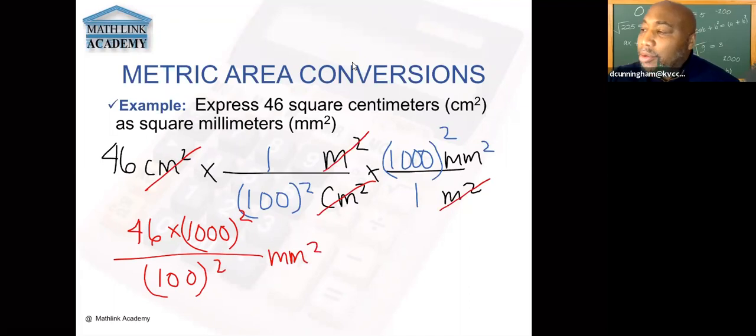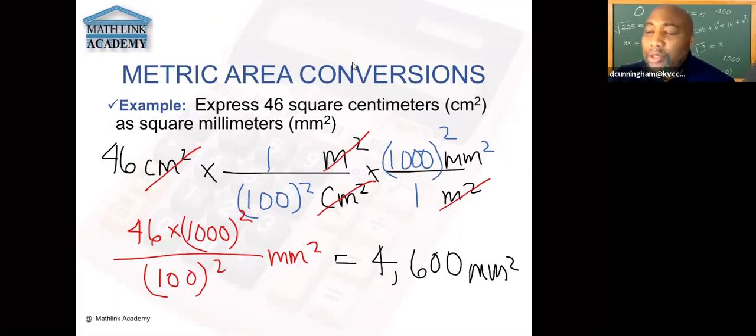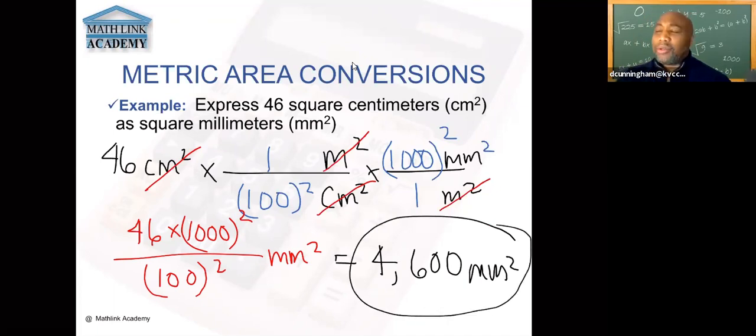If I do my math correctly, and you can do this on a calculator, this should give me 4,600 millimeters square. The zeros will cancel, it will divide, and that'll be our answer once we do the math correctly. So try that on your own to see if you get the same answer that I've gotten in this particular problem.